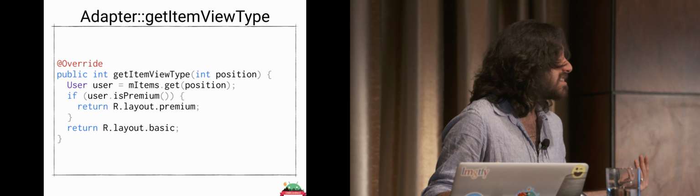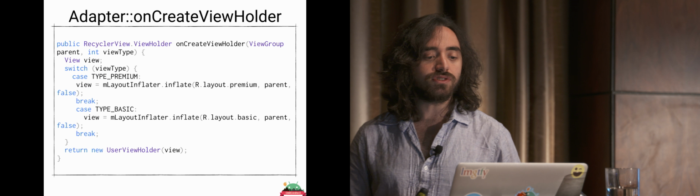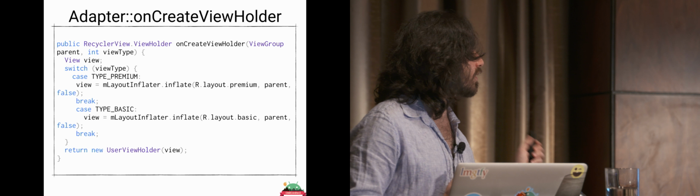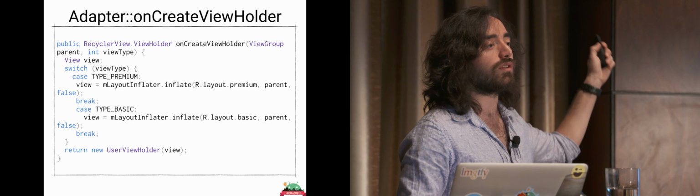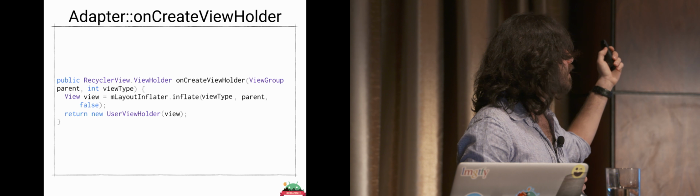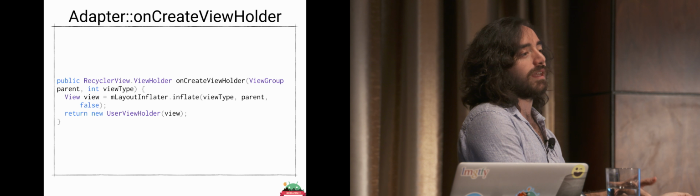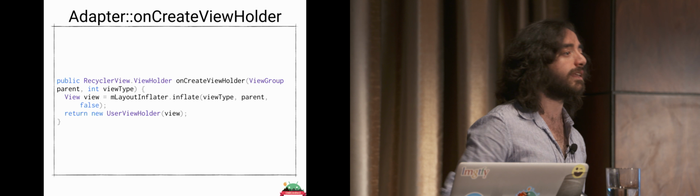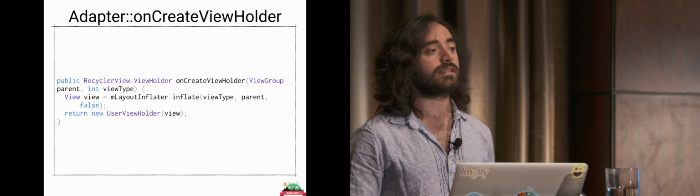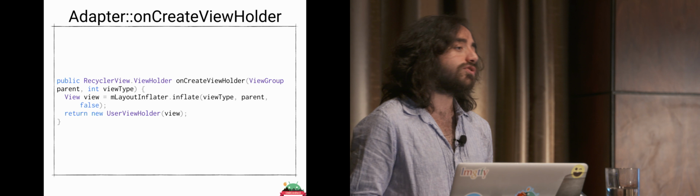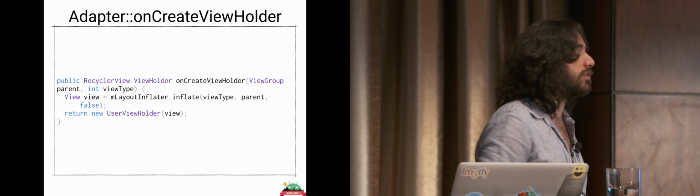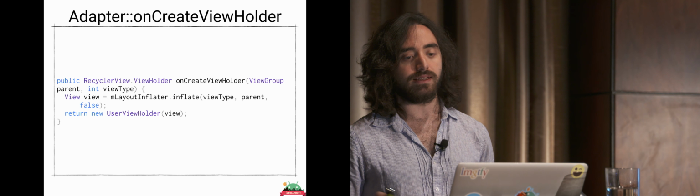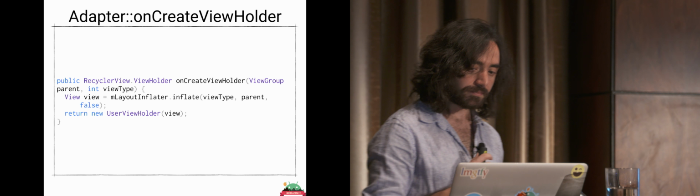Once you do this, if we go back to our onCreateViewHolder method, we can get rid of all of this logic. Just do this: whatever view type was passed is actually our layout ID. We use it to inflate and then return. Now, of course, you cannot always do this, but when you can, this is a very nice, clean way of doing things.